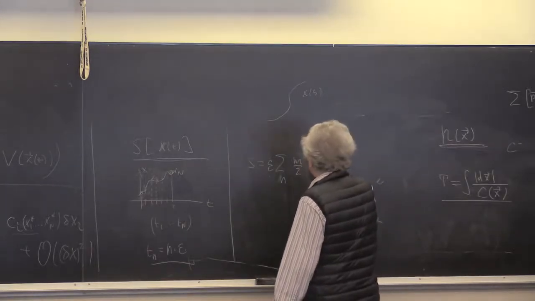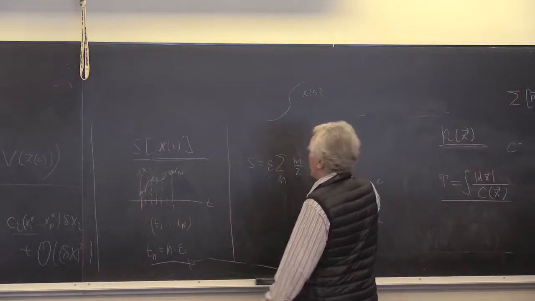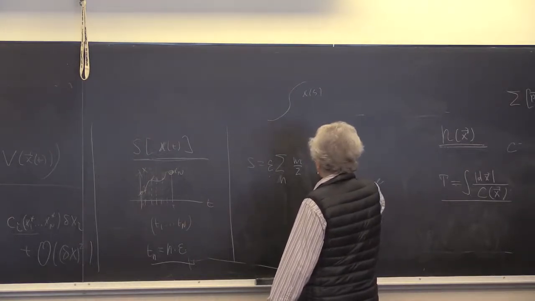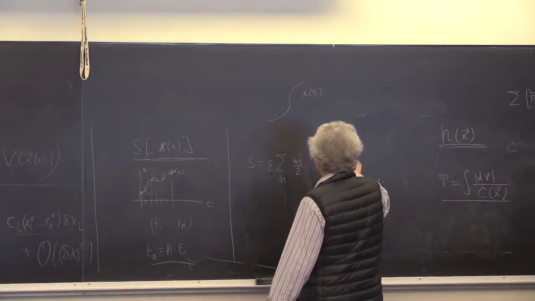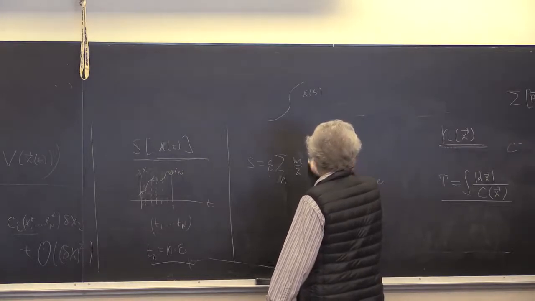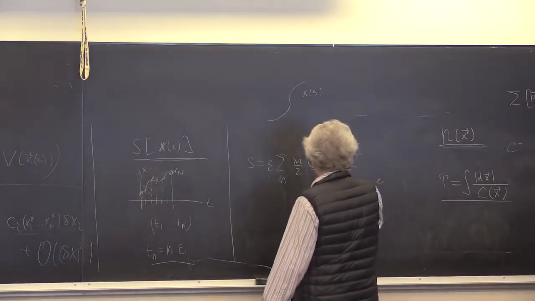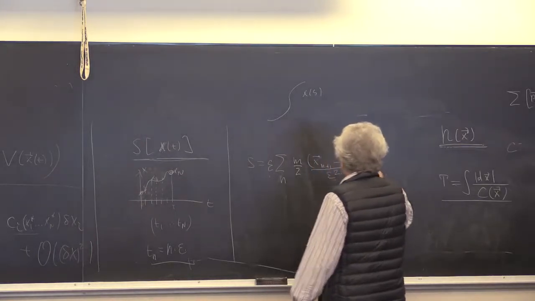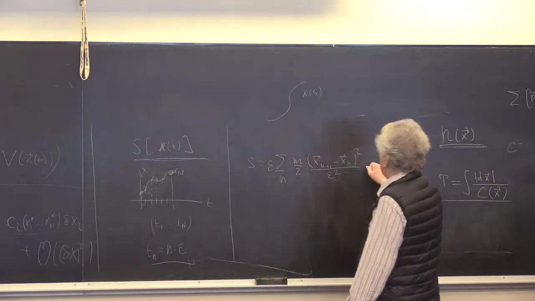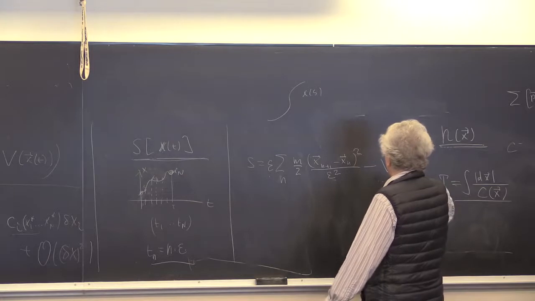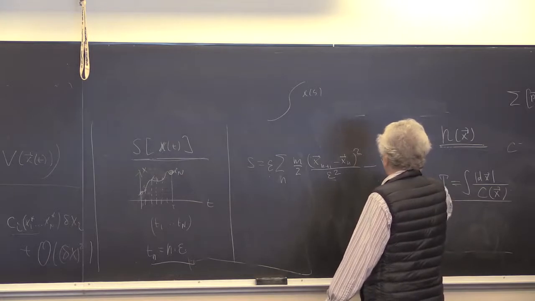Yes, that's correct. So the derivative will be x(n+1) minus xn, squared, divided by epsilon squared, and minus V of xn.